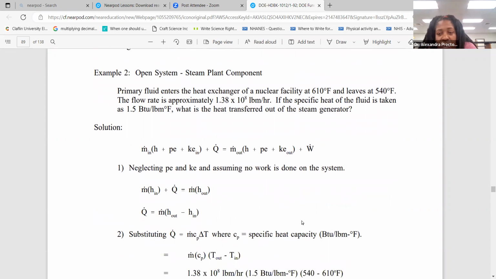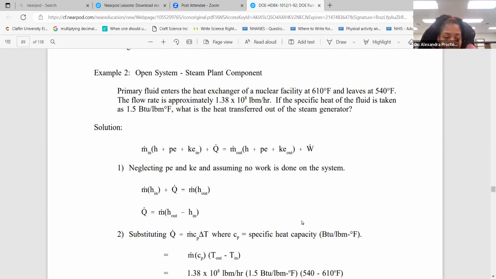They're showing you the same equation that you used in the last example, where m in times (h plus PE plus KE) in plus Q is equal to m out times (h plus PE plus KE) out plus work, or capital W. Neglecting potential energy and kinetic energy and assuming no work is done by the system, you can simplify the equation to m times h in plus Q is equal to m times h out.